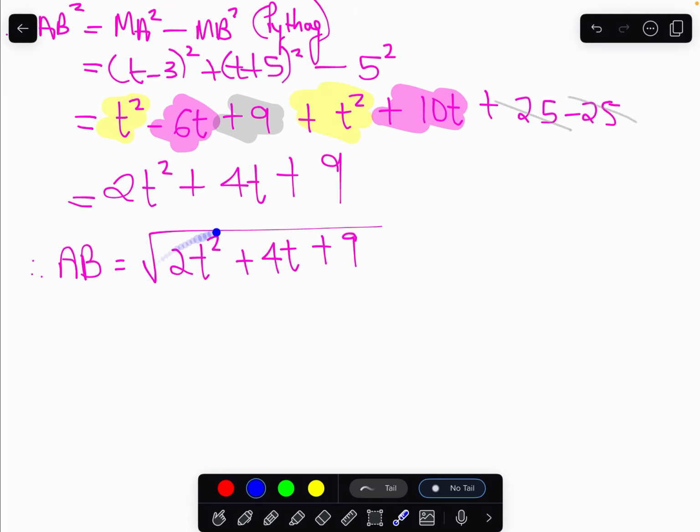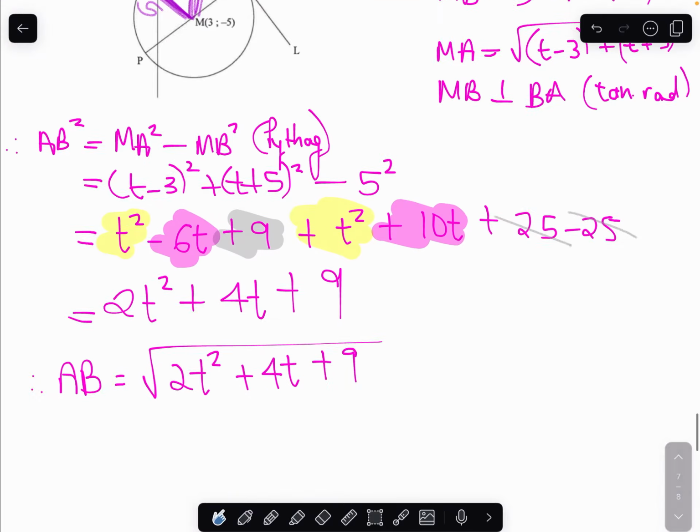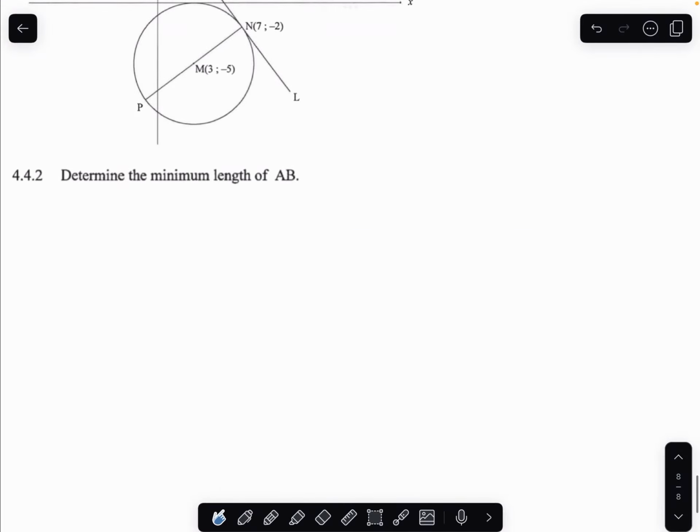If I can find the smallest value for this, I have found the smallest value for that. Otherwise, I don't really have an intuition for how else I would find the shortest that AB can be. So that's what I'm going to do.